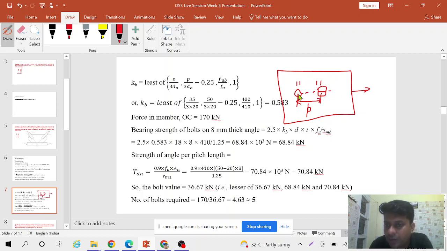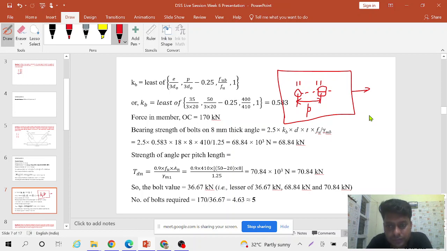Due to bearing, it will try to fail the plate from this direction. That is why we are considering it from here. Okay, sir. Because here we don't have any bolt diagram, how we are doing the connection, that is not provided. So we have to assume something.